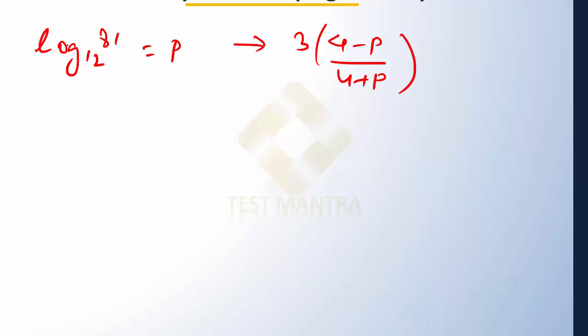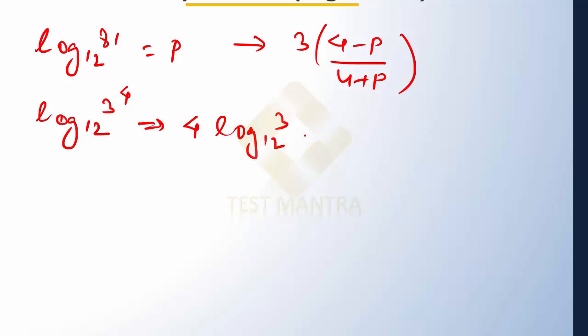So we can try to utilize this thing. I'll try to reduce the value first. I can say this value can be written as log 3 raised to 4 to the base 12, which is further written as 4 times log 3 to the base 12, which is equal to p. I can definitely represent the value as log 3 to the base 12 is equal to p by 4.